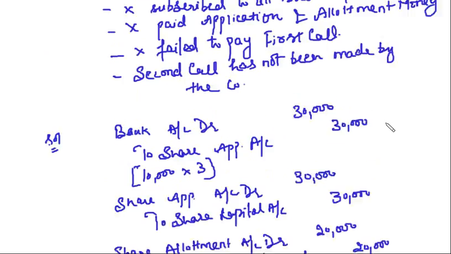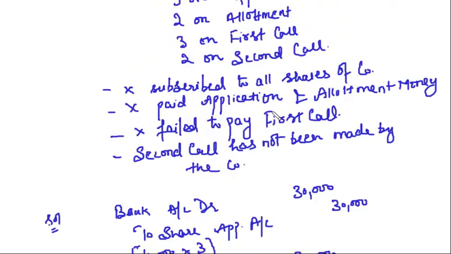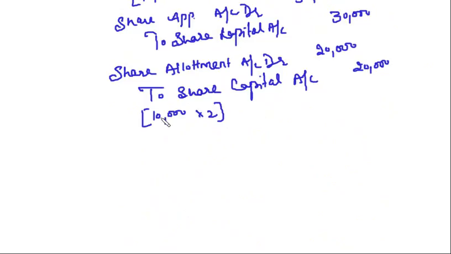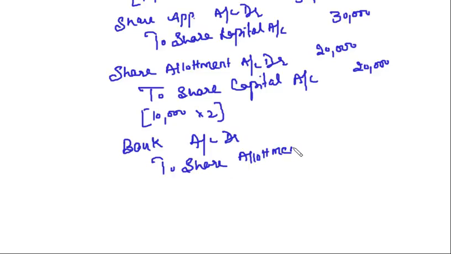Now the question says X paid application and allotment money. That means we have received this allotment money also. When we have received, we will debit it to bank account. The entry will be bank account debit, and the credit account will be to share allotment account. Clear? How much? 20,000.